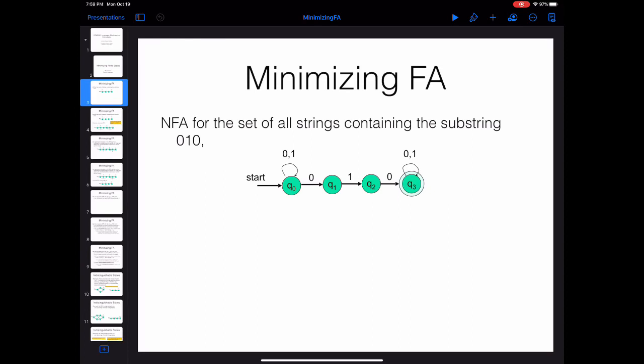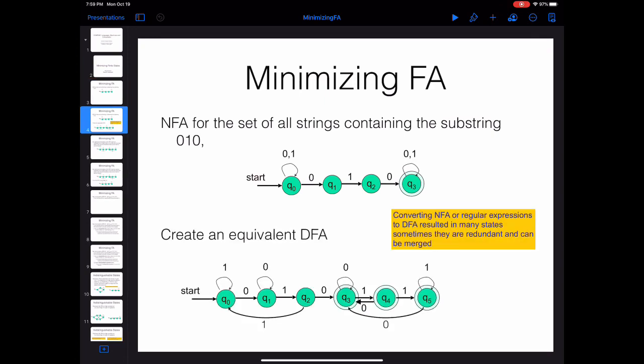Remember this NFA, which was a part of the examples that we checked when we talked about the finite automaton? This NFA is going to accept all binary strings containing the pattern 0, 1, 0. If I create the equivalent DFA for this NFA, I usually come up with a DFA with a lot of states.